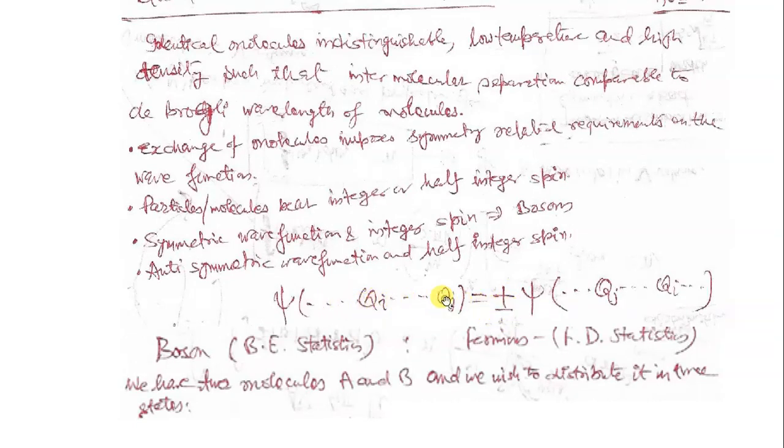When you exchange positions and get a wave function with positive sign, that corresponds to the case of bosons. When your wave function is symmetric, in the case of bosons, the state of your molecules is represented by a symmetric wave function. But in the case of fermions, you will have a minus sign, so your wave function is represented by an anti-symmetric wave function. So the quantum mechanical state of fermions is represented by an anti-symmetric wave function, but for bosons it is represented by a symmetric wave function.